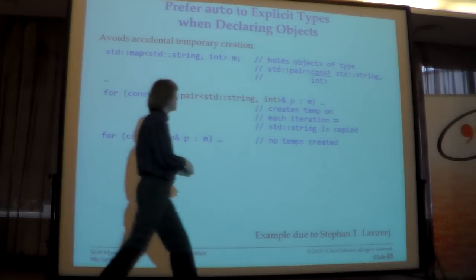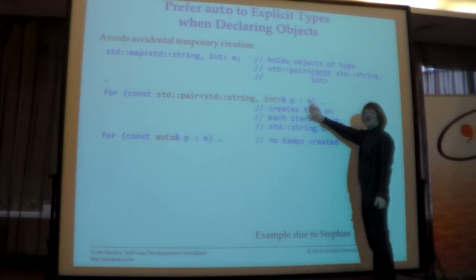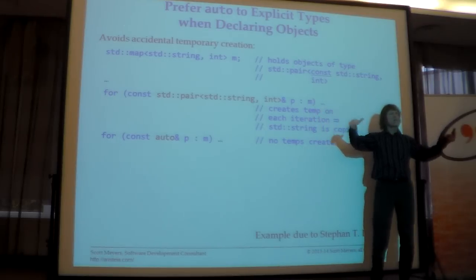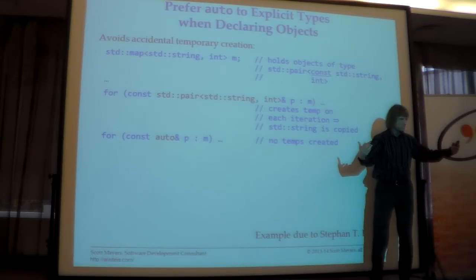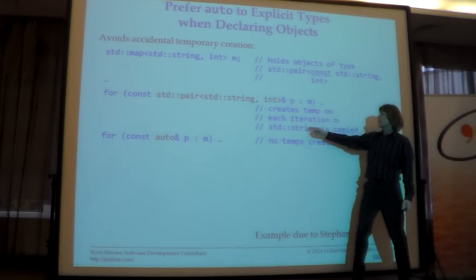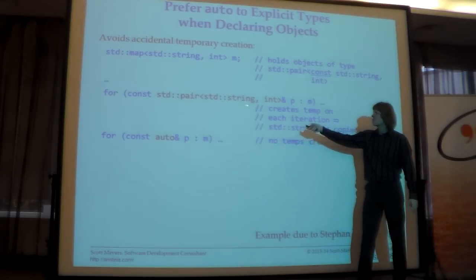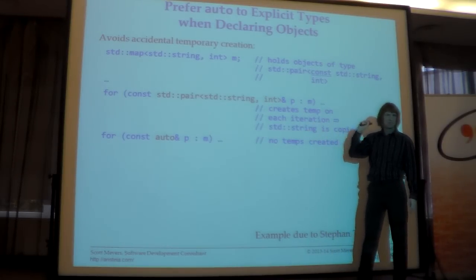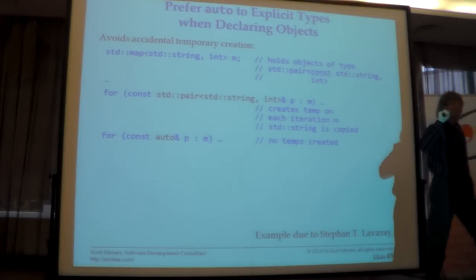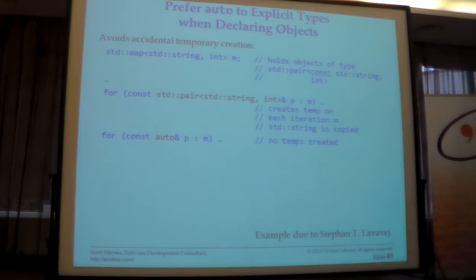So what I want to do is, for every element of the map, I don't want to copy it. I just want to get a reference to it. So for every element of the map, I'm going to have a reference to a const pair from string to int. This code compiles, links, runs, probably passes all your unit tests.